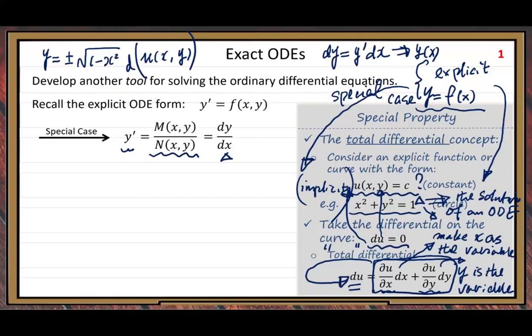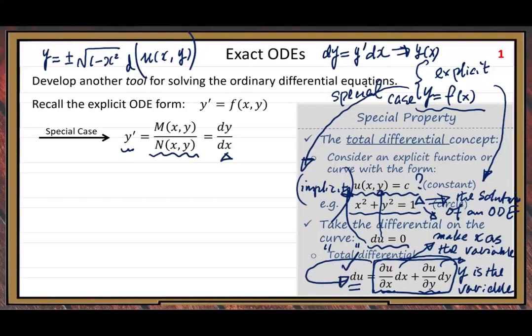The reason is it can be written as one du form. If the right-hand side cannot be represented in the one du form, then we cannot call it a total differential. Okay? So here you understand the meaning.